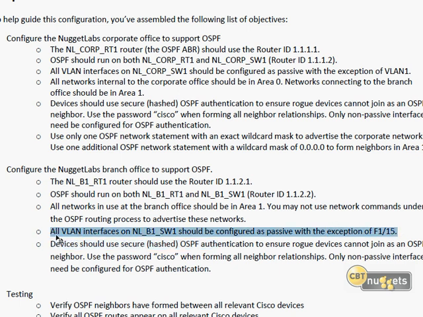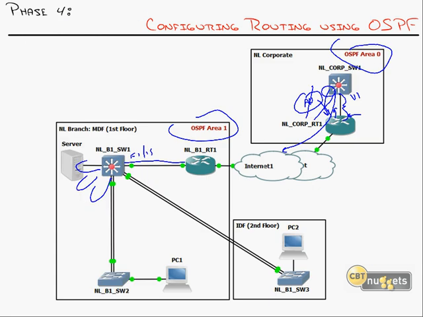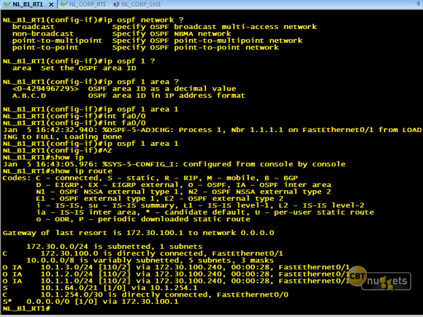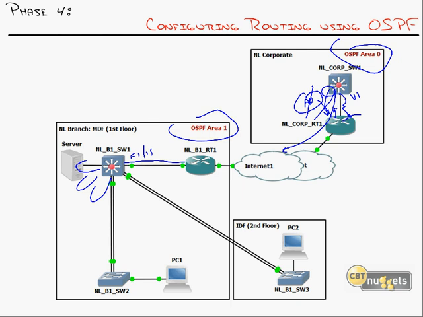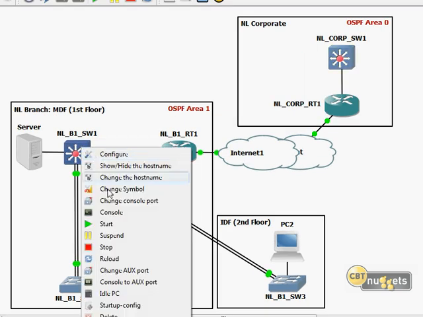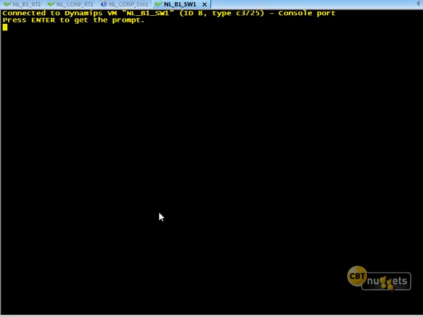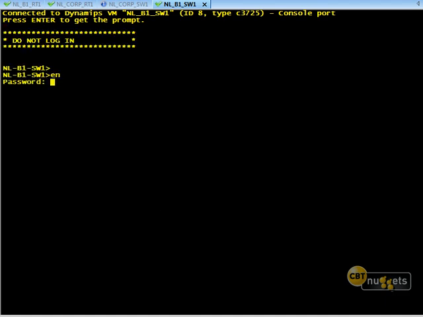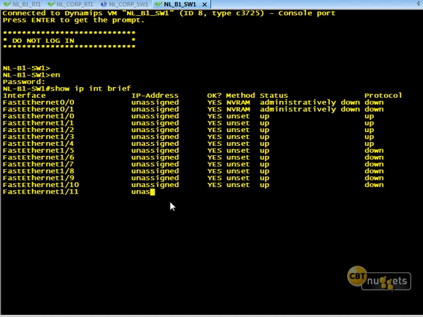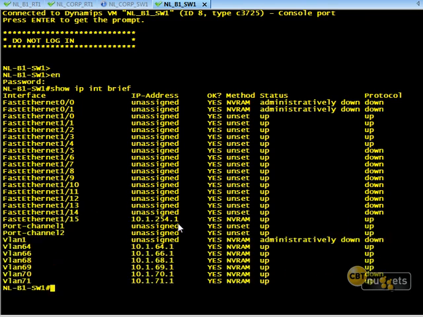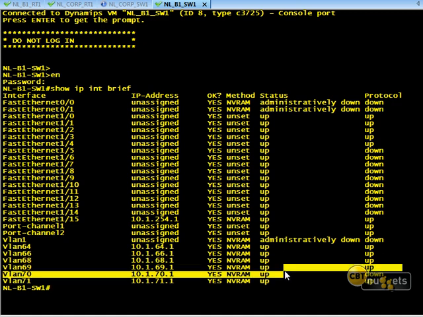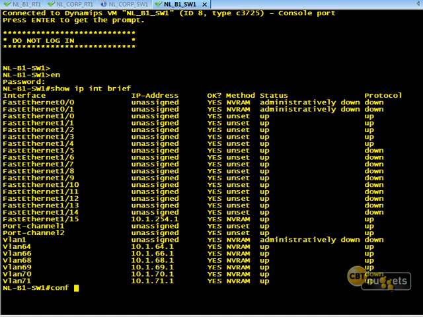And that's why it also said all interfaces should be passive with the exception of fast Ethernet 1/15. So let's do it. Actually, I need to open that connection up. Switch 1, branch 1, switch 1. And I've got a whole bunch of VLAN interfaces there. This guy's down. I'm not too sure why, but not our concern right now. That's our lab, because we don't have anything in the lab yet.